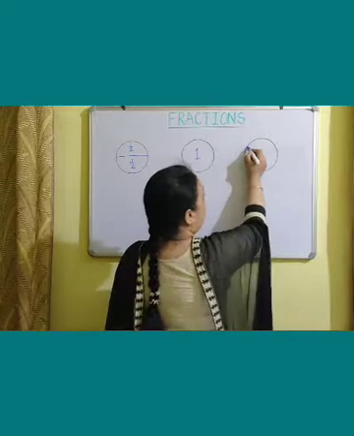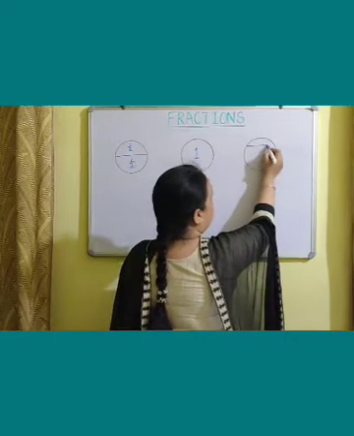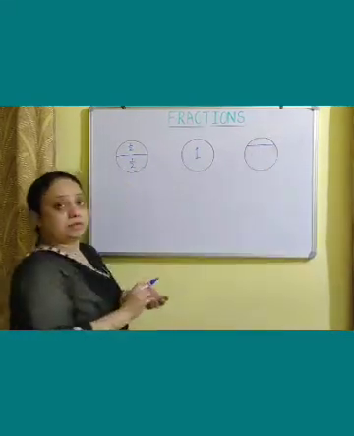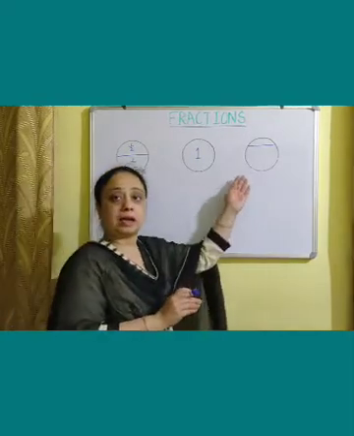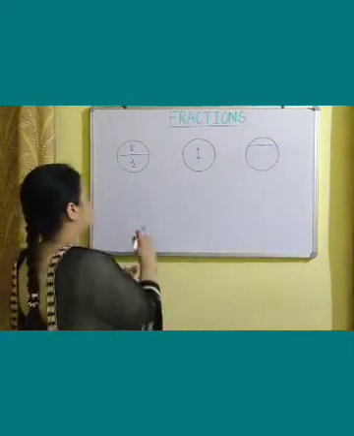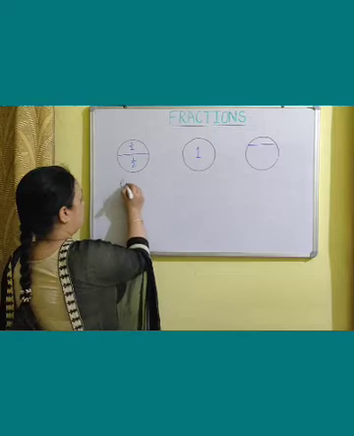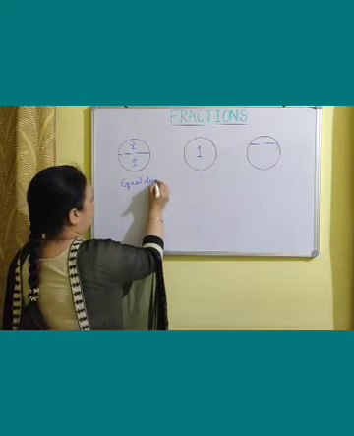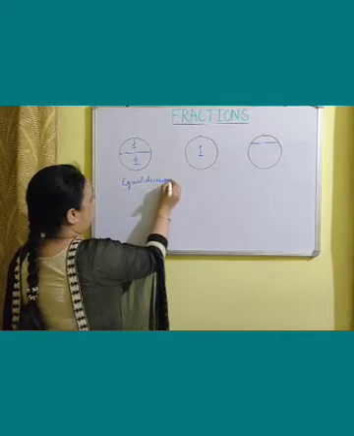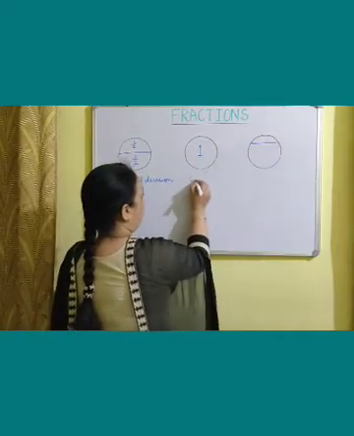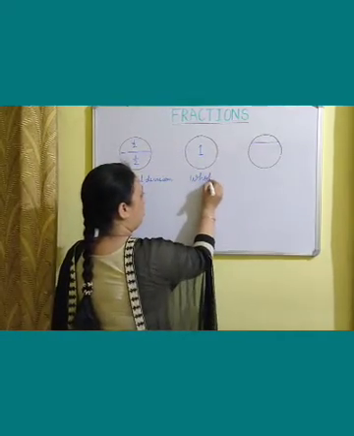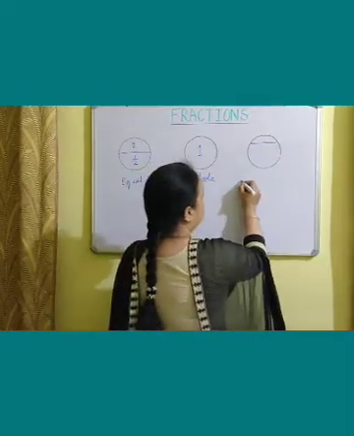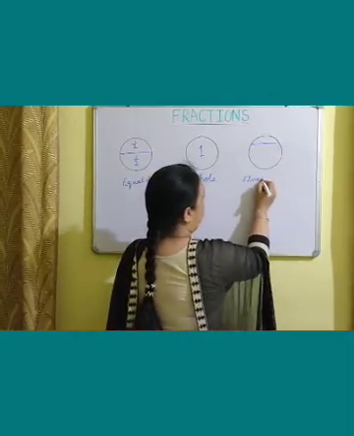But if I divide it like this, the division here is unequal. So this is equal division. This is a whole, that is 2 halves join to make a whole, and this division is unequal.